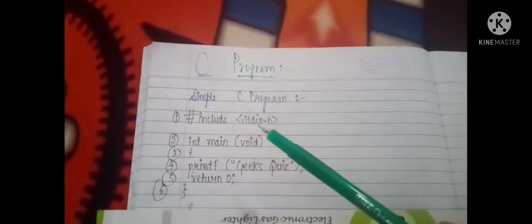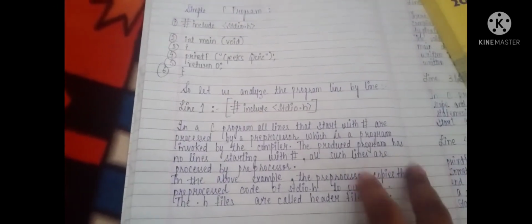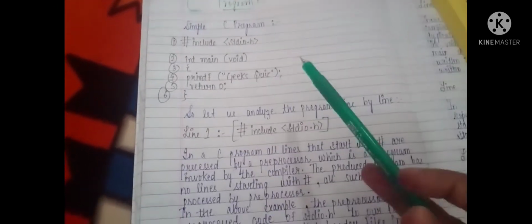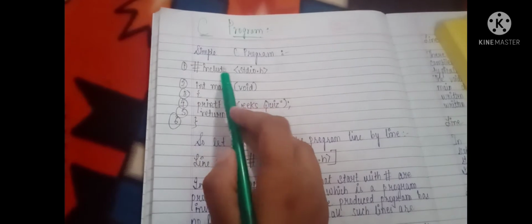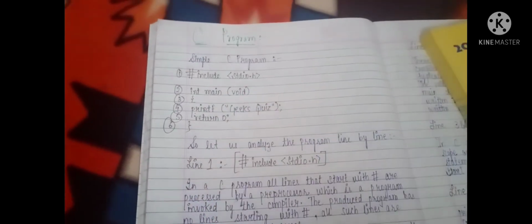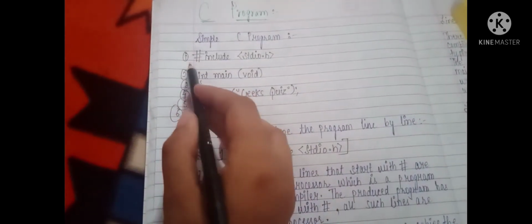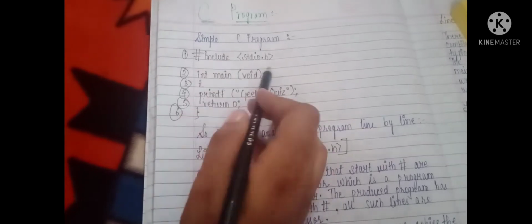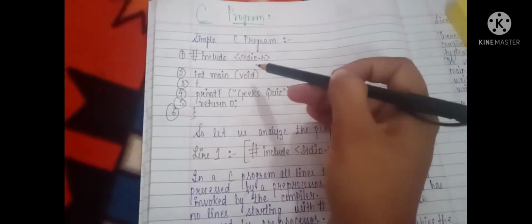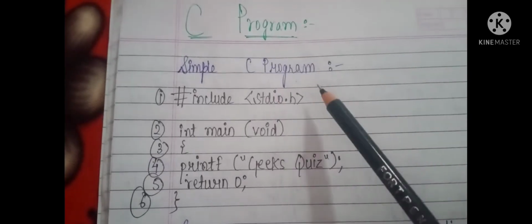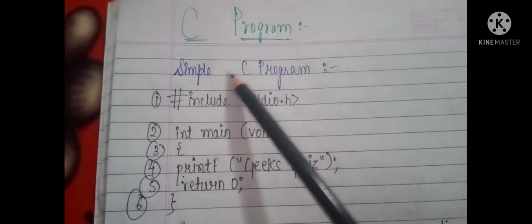As I have told you, this is a simple program which we are going to learn in detail. So first let's analyze the program. We are now going to analyze the program line by line. The first line is given: #include <stdio.h>. This is the first line which we are going to understand: what this line means in this program, why we have to write this line and what it actually means.